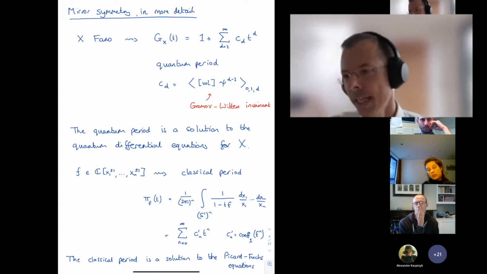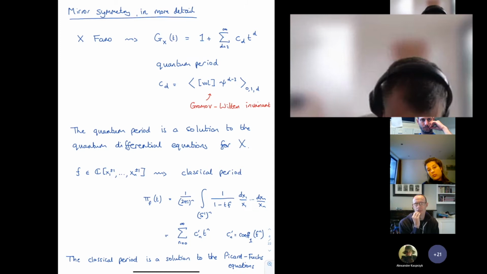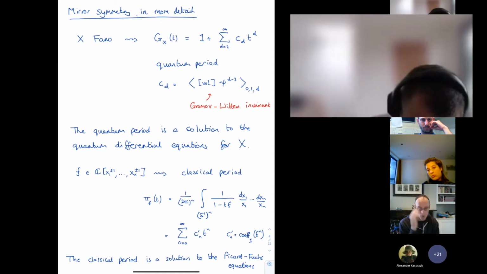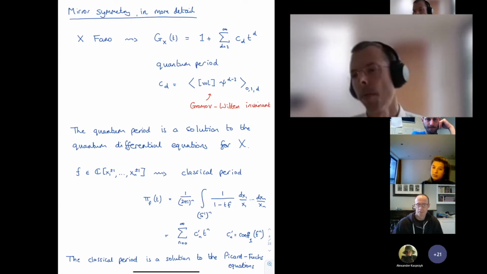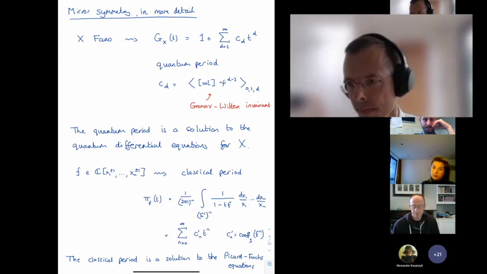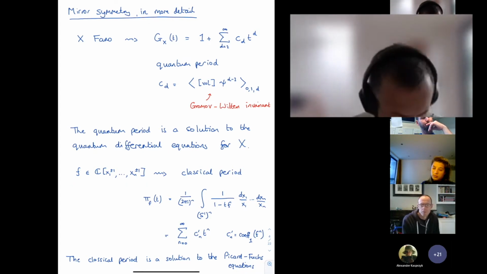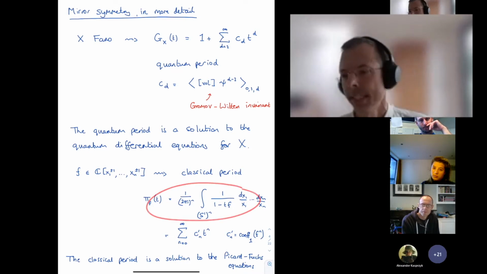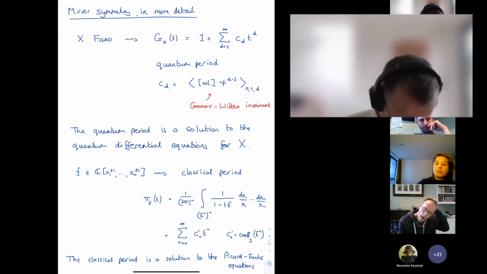If I'm integrating around the unit circle, I'm picking up the residue at 0, which, if you work it out, means that the coefficient of t to the n is the constant term in the Laurent polynomial, the nth power of f. Okay, so what did we do? We took this Laurent polynomial, we made the classical period, which is this analytic function. If you expand it as a power series, you can find out what the coefficients of that power series are.